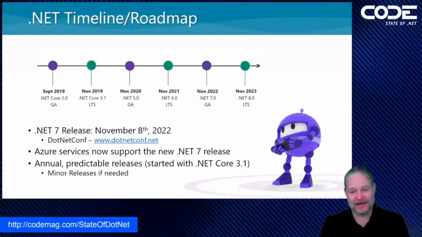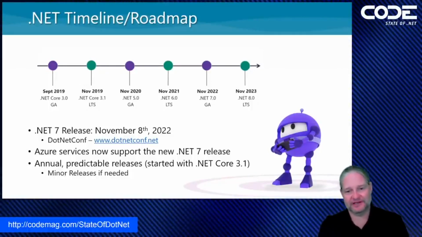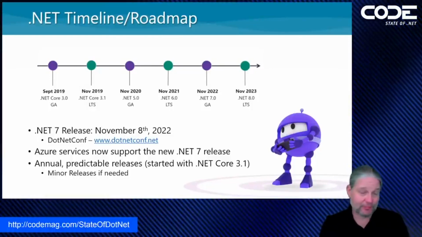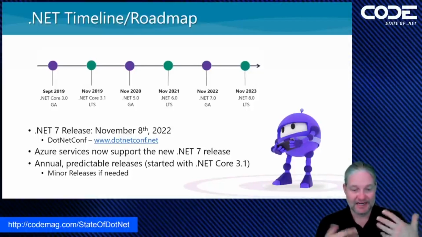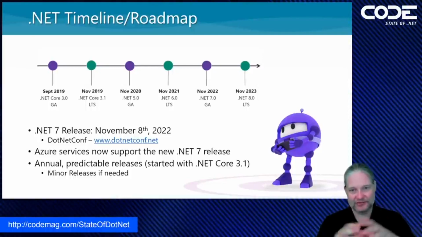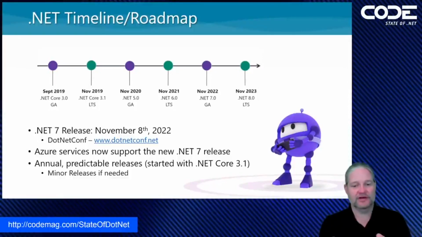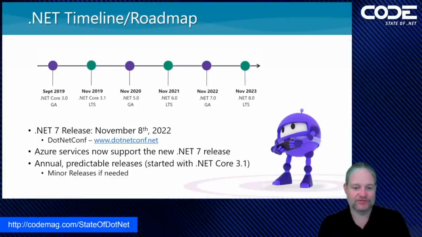We're also in this back and forth cycle of long-term support releases and general availability releases. They're both supported releases, and we'll talk about that in a few slides, but the long story short is LTS releases have a long support cycle. General availability releases are supported for 15 months. And the idea is you can always update to an LTS version very, very easily.